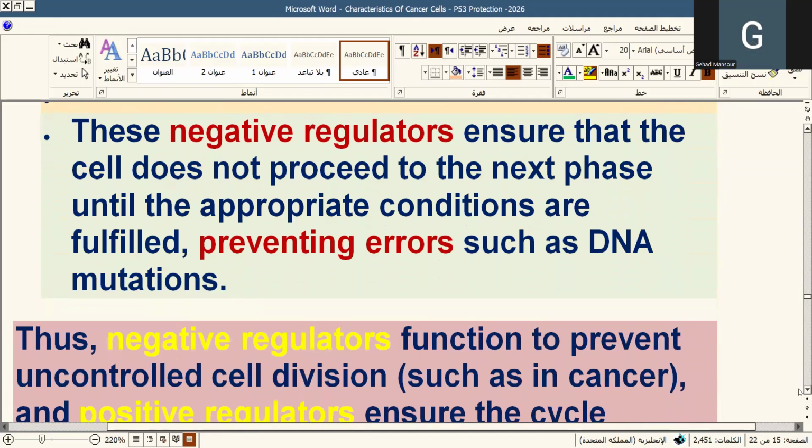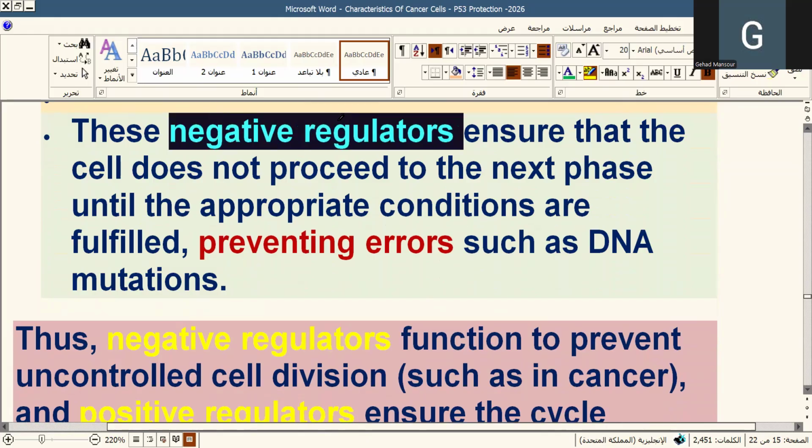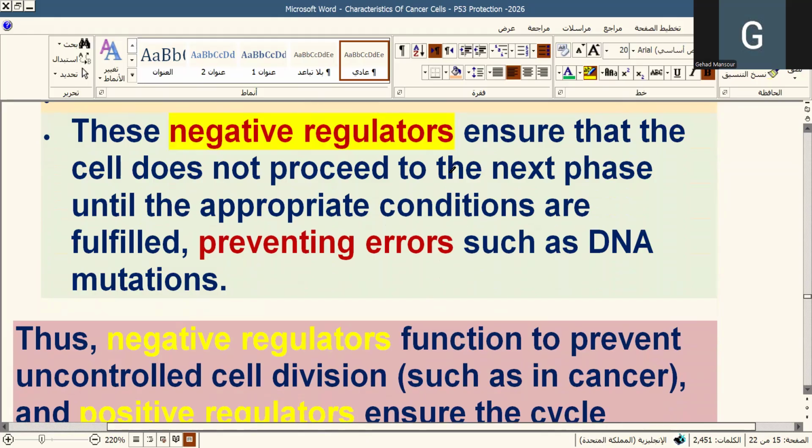These regulators that slow down the cell cycle or even completely arrest the cell cycle are called negative regulators of the cell cycle.